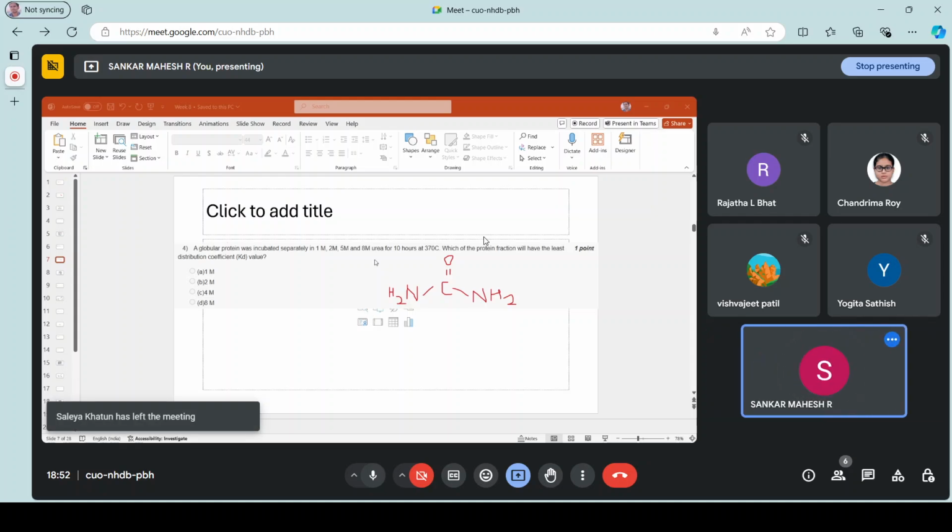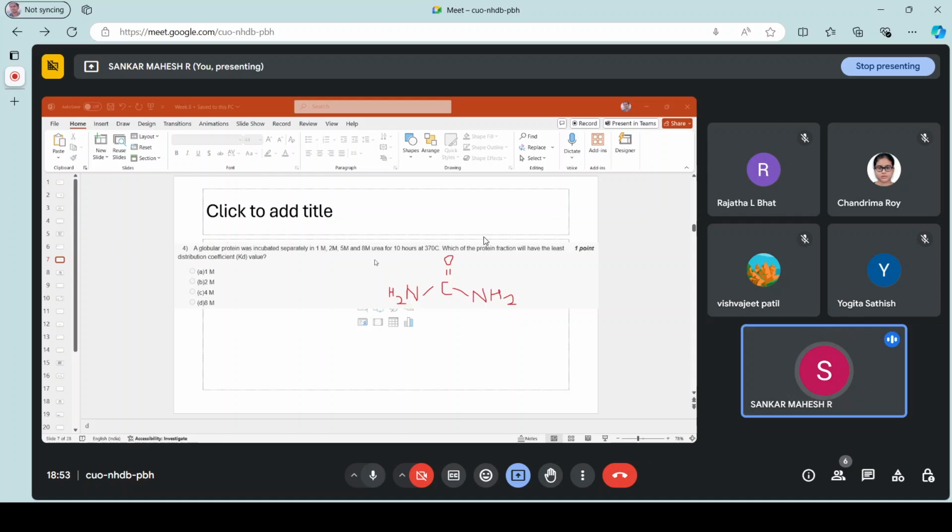Whereas concentrations such as 1 molar, 2 molar, and 5 molar wouldn't necessarily make all the molecules linear. There will be some fraction of your protein that is still partially folded. Now, this is the information that one has to use to relate distribution coefficient with the concentration of urea here.